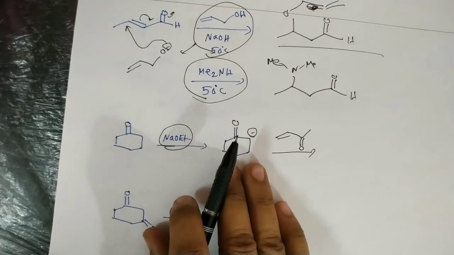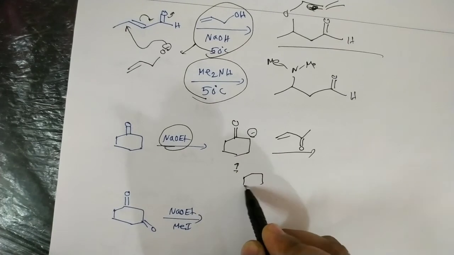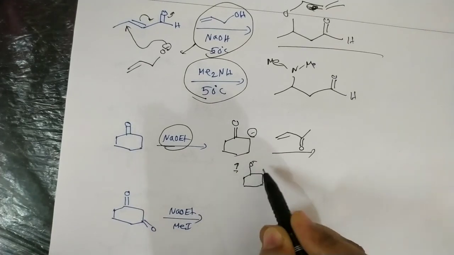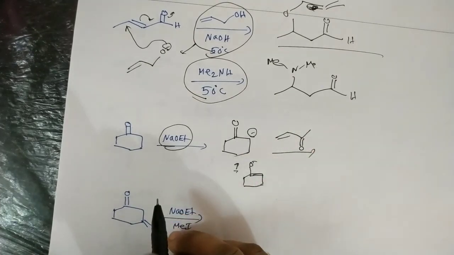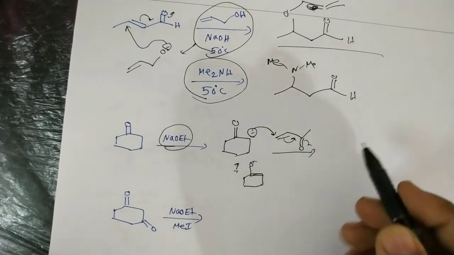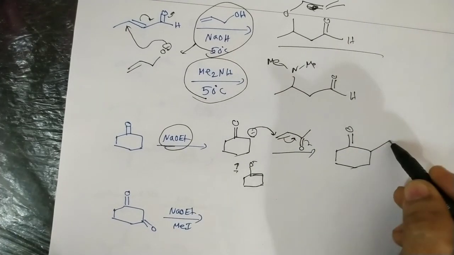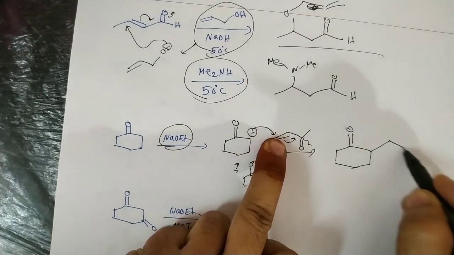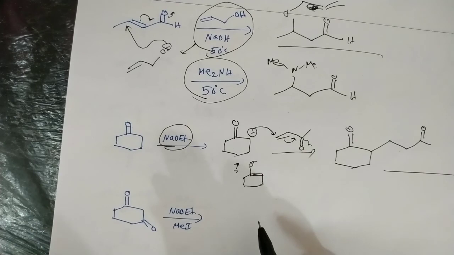The carbanion generated is a weak nucleophile, because it is resonance stabilized. So O minus, double bond, weak nucleophile. This weak nucleophile is involved in the conjugate addition reaction. So this one directly attacks here, transfer of electrons and then enolization. So here double bond O and two carbons and double bond O. So that is the product.